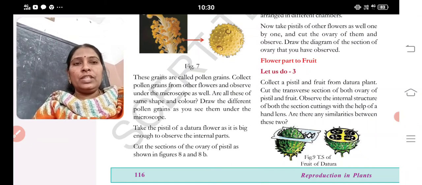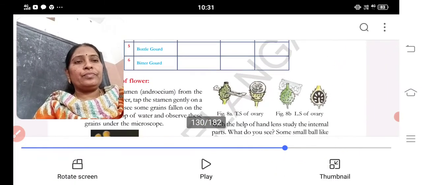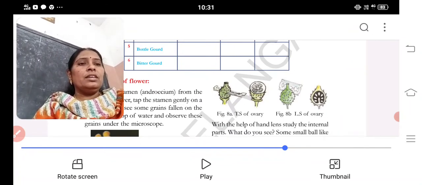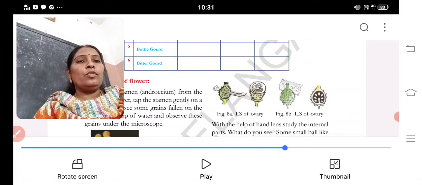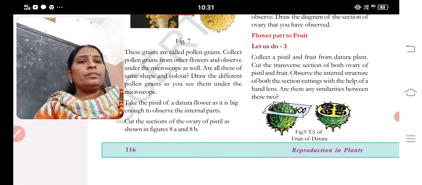Take a pistil of the datura flower, as it is big enough to observe the internal part. Cut a section of the ovary of the pistil as shown in figures 8a and 8b. See, in this way you have to cut and observe. That is a TS of the ovary and an LS of the ovary.